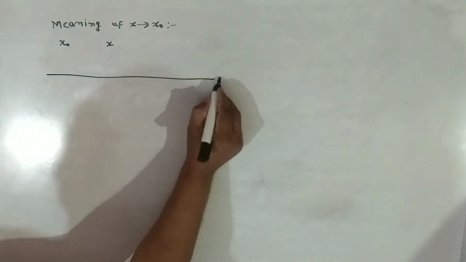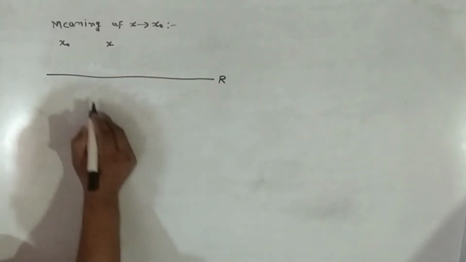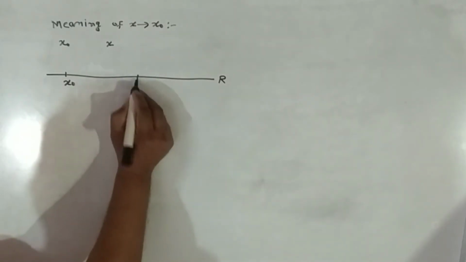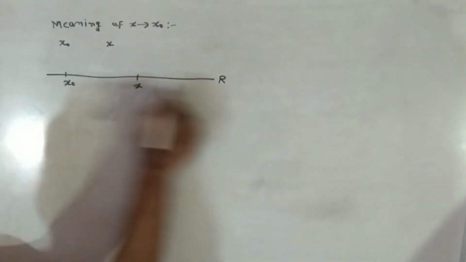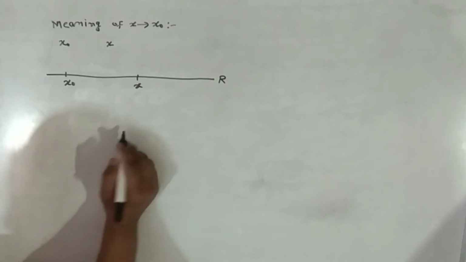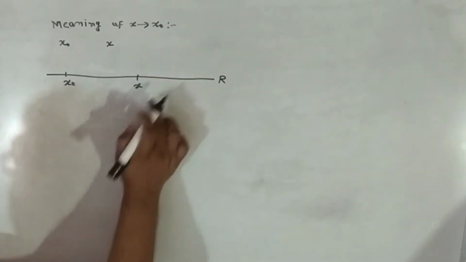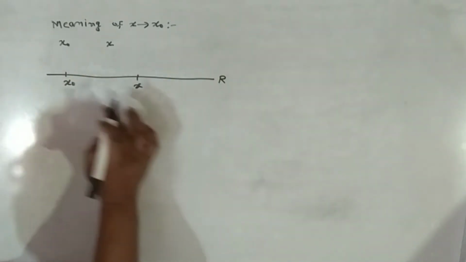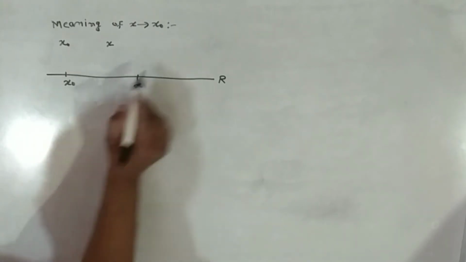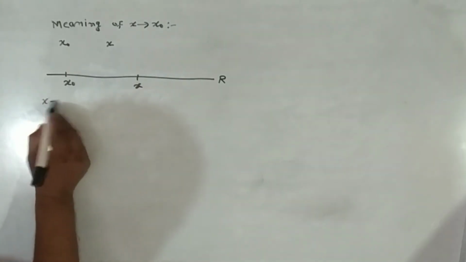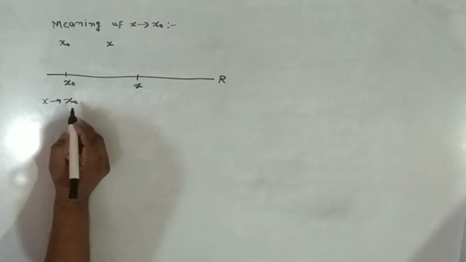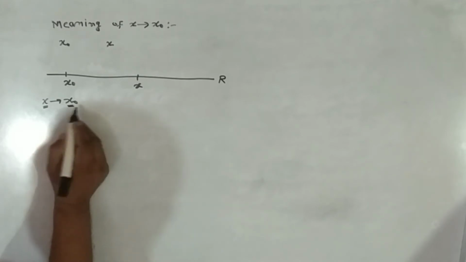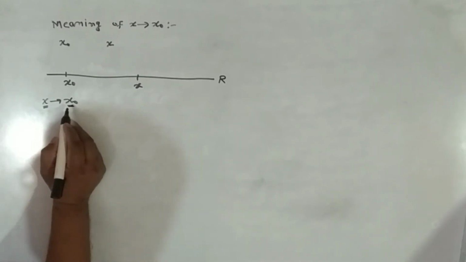Suppose this is a real line R, and this x0 and x are lying on this real line R. The only freedom to this x is to move along this real line R. The statement x tends to x0 means this x approaches x0.